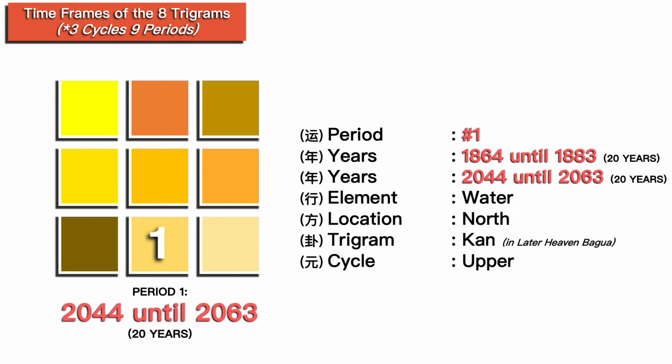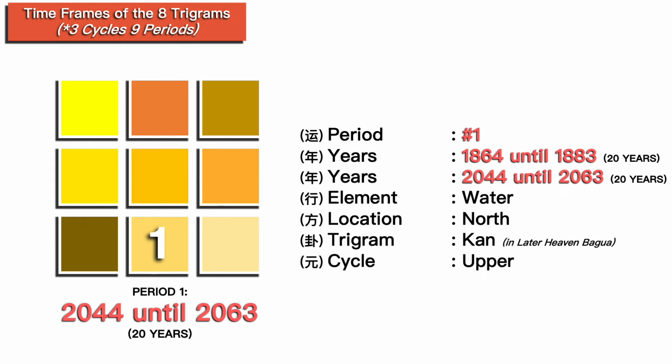Here is square number 1, or we call it period 1. Each period has a total of 20 years. Square number 1 or period 1 represents the year of 2044 until the year of 2063.